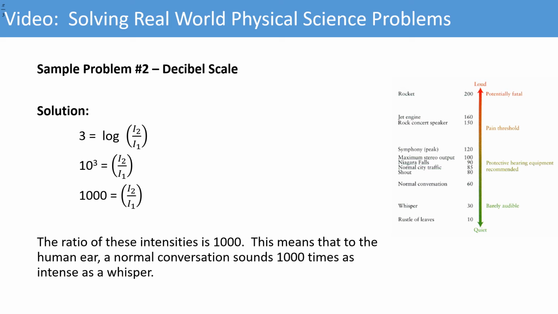We can remove the log by setting 3 as the exponent to base 10, and getting 1000 is equal to intensity 2 divided by intensity 1. So our conclusion then is the ratio of these intensities is 1000. This means that to the human ear, a normal conversation sounds 1000 times as intense as a whisper.